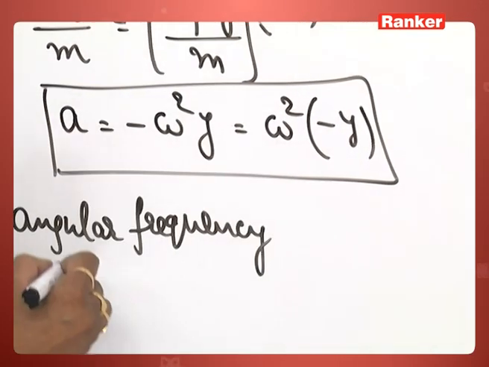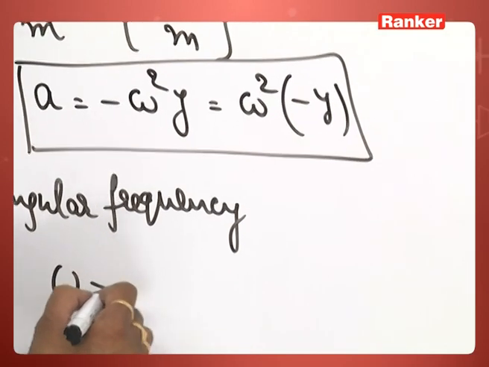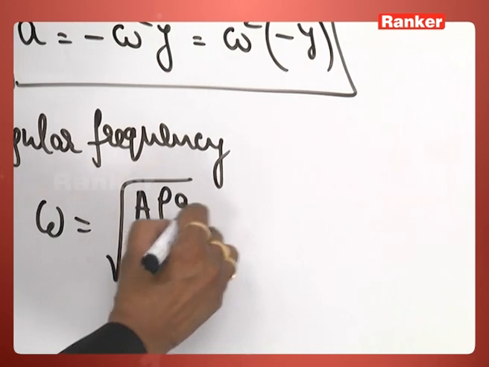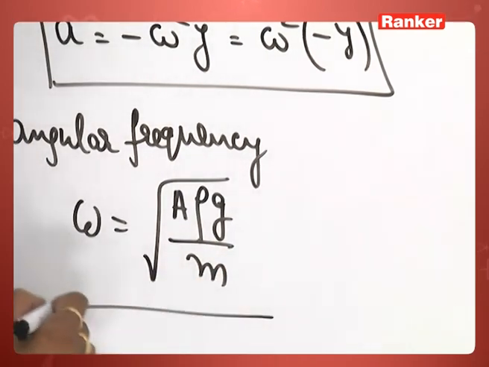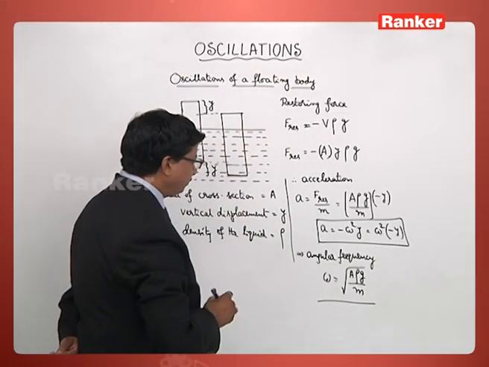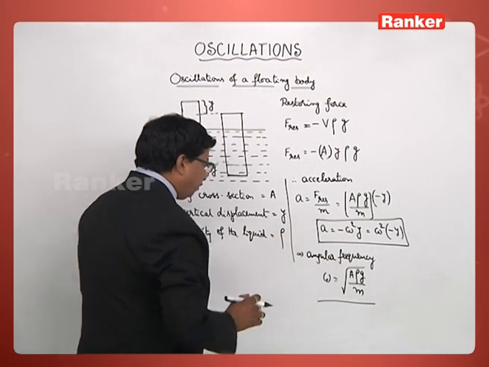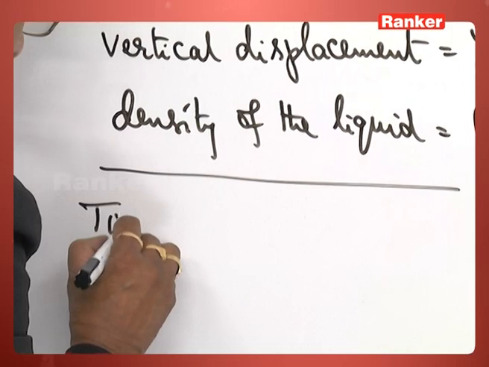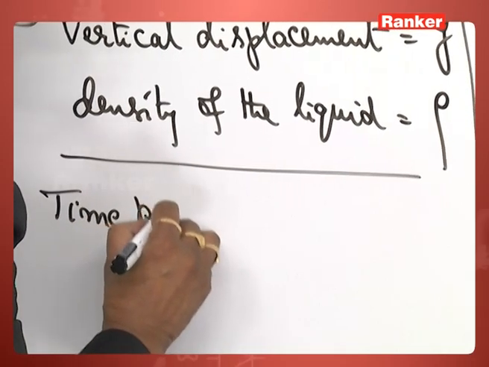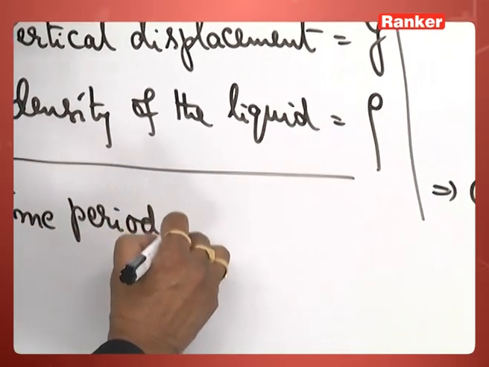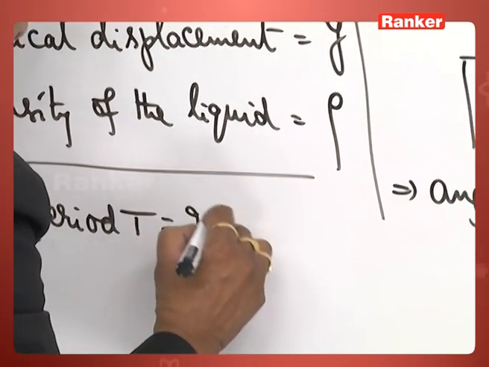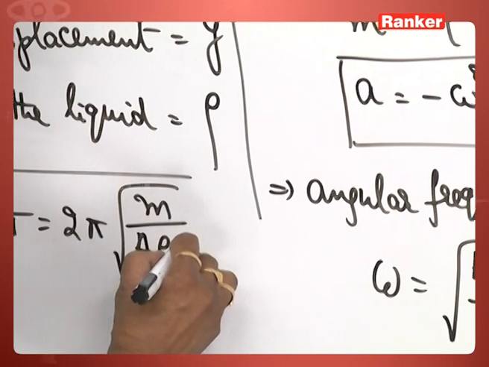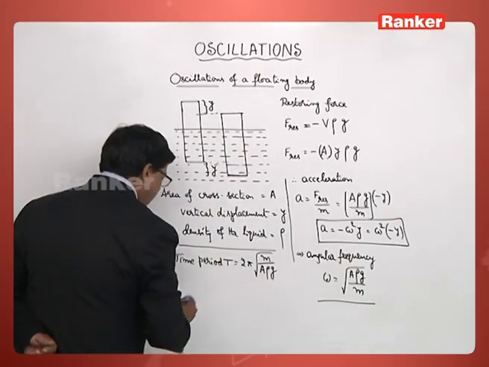Angular frequency omega now becomes root over A rho g by M. The moment angular frequency is this much, what would be its time period now? The time period when we calculate it as T, 2 pi under root M by A rho g.